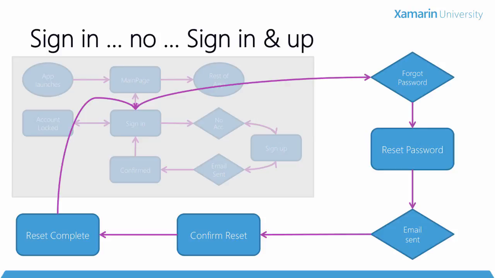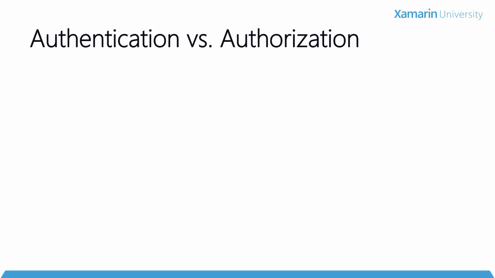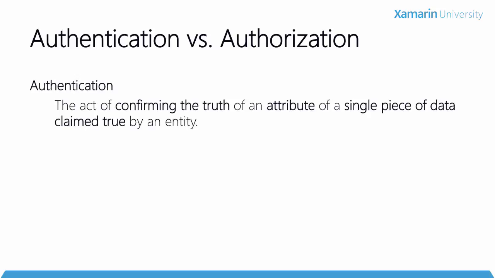So before we start solving our problem, let's talk about one aspect here, which is authentication versus authorization, since both these concepts are going to come into play in our application. We'll implement both of them today. Authentication is the act of confirming the truth about an attribute of a single piece of data claimed true by an entity.